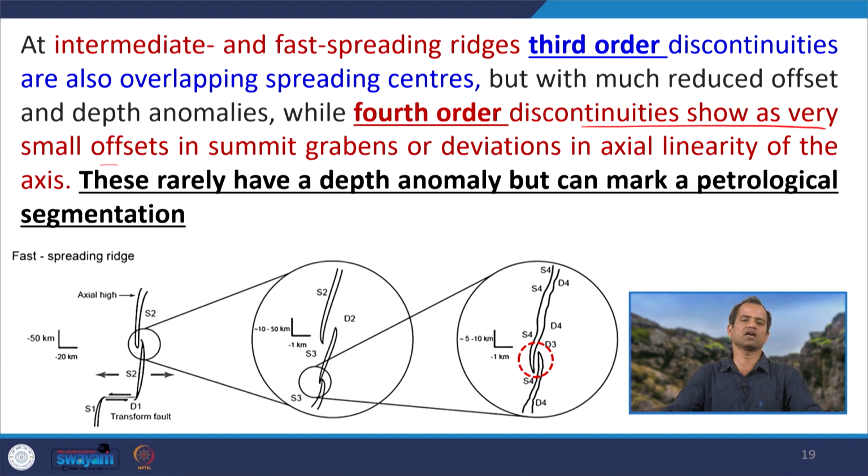These rarely have a depth anomaly, but can be a petrological segmentation. That means we have different segments, and they behave differently depending upon the rate of spreading. Somewhere it is permanent, somewhere it is temporary, and these represent the geomorphological changes, the geography, the topography, and the magmatic composition along this mid-oceanic ridge.